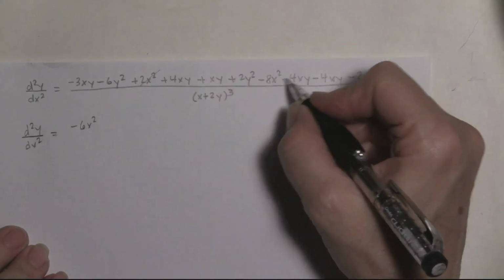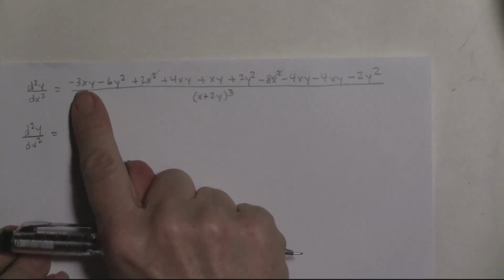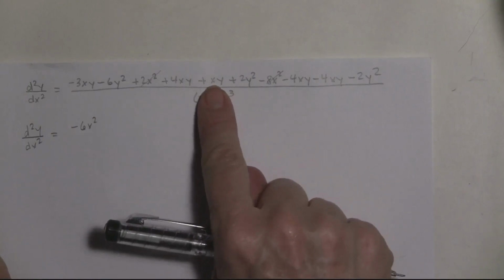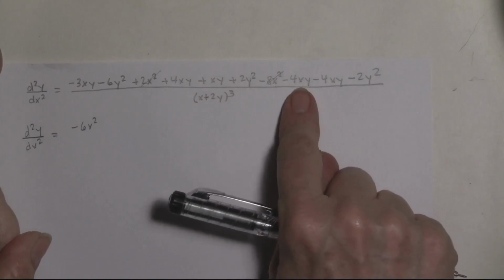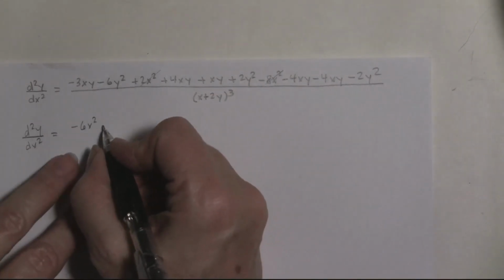I'm just going to make a light line through them. Next I want to put x to the first. So I have minus 3xy plus 4xy. That's 1xy. Another 1xy makes 2xy. Minus 4xy is negative 2xy. That's minus 6xy.